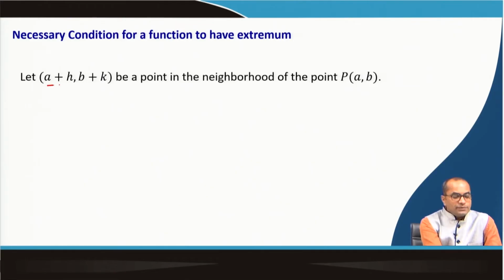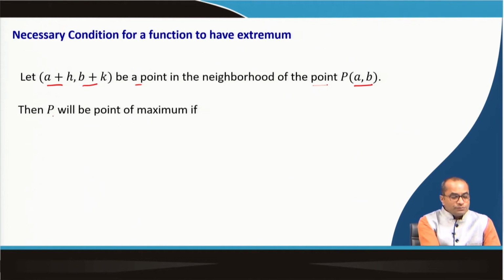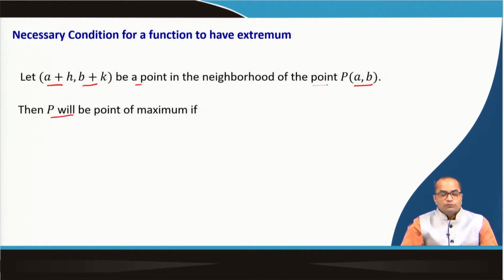So, let (a + h, b + k) be a point in the neighborhood of the given point (a, b). We are finding out these conditions for local extremum, that this point P(a, b) will be a point of maximum. When will this point be a point of maximum?